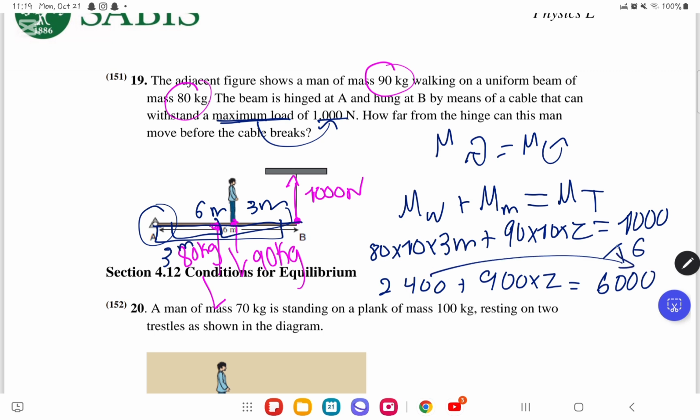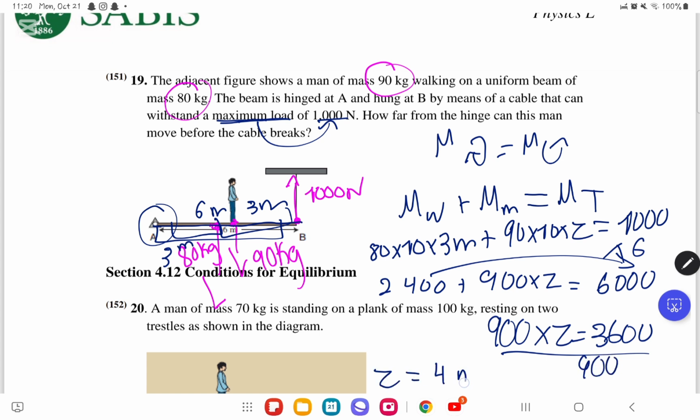Move this to the other side. 6000 minus 2400 is 3600. So 900 times Z is equal to 3600. Divide both sides by 900. We get Z is equal to 4 meters. So the maximum distance the man can walk without the cable breaking is 4 meters.